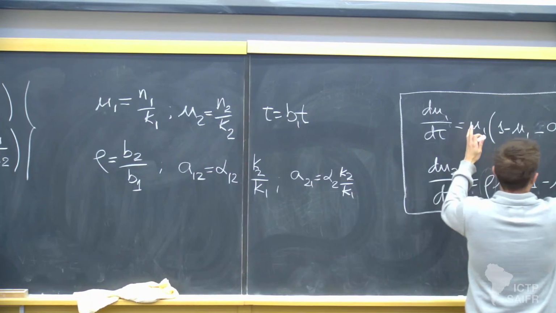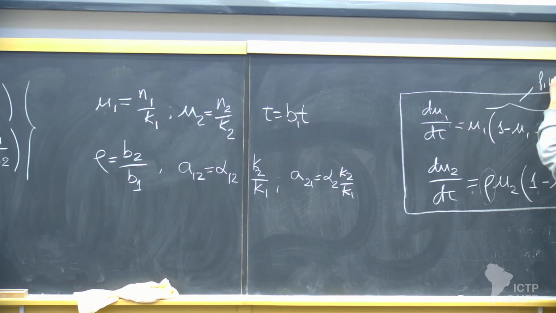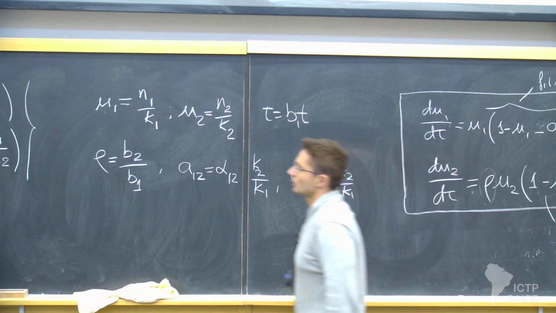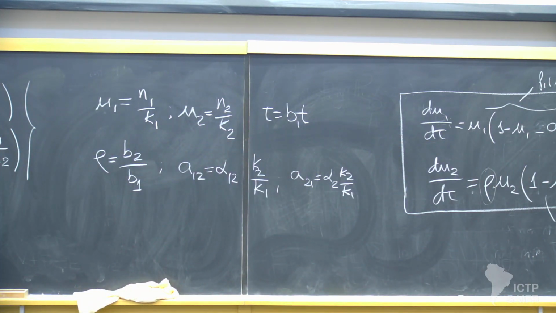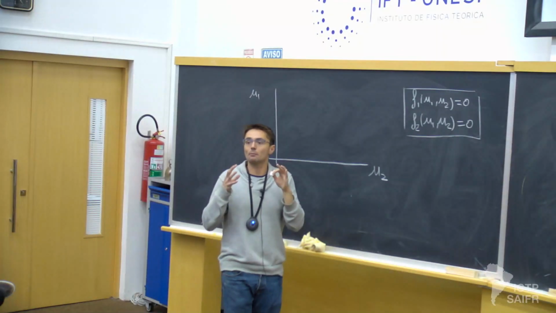Okay, so if I call this F1 of U1, U2, and I call this F2 of U1, U2, these two curves that are called null lines are going to give me the information about for which values of U1 and U2 the growth rate of each of the species vanishes independently from each other.